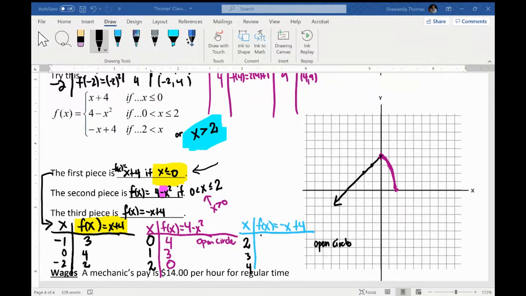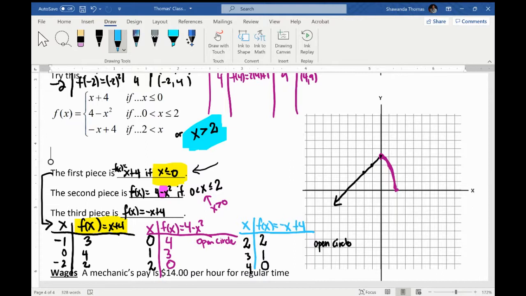All right, let's plug in a 2. Tell me what you get when you plug in 2 into this piece. 2. Sure do, because negative 2 plus 4 is 2. What about 3? 1. Yep. And 4? 0. Yep. All right, we're gonna plot this. We'll plot 2, 2. Try to keep in mind that it's open. So 2, 2.